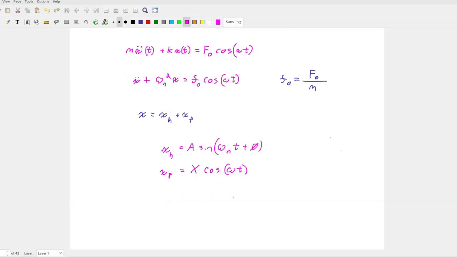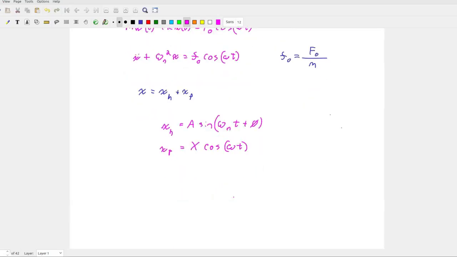Because x equals my homogeneous plus my particular solution, I now get x is equal to my homogeneous, which is A sine of omega n t plus phi, plus X cosine of omega t.